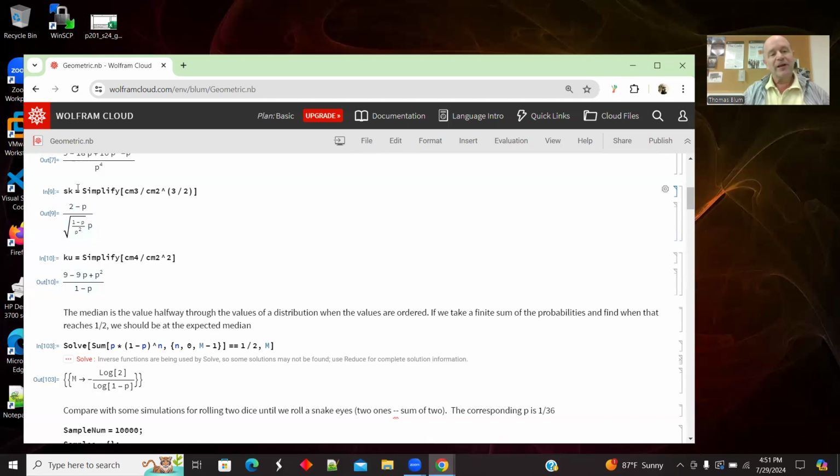The skewness, I call that SQ. Kurtosis, I call KU, and that is the fourth moment divided by the second moment squared. And again, it makes it dimensionless. Okay.